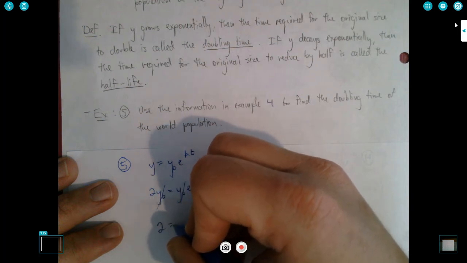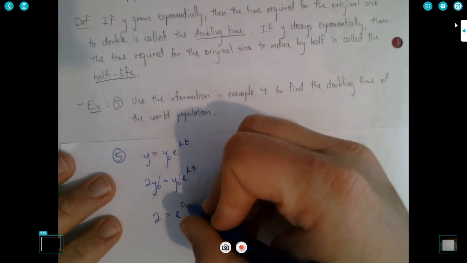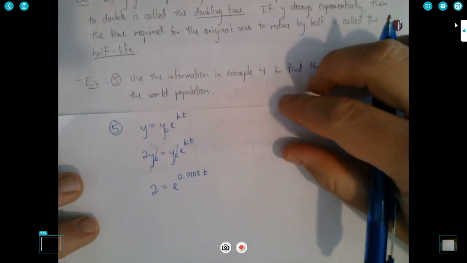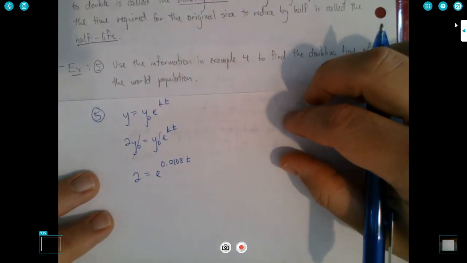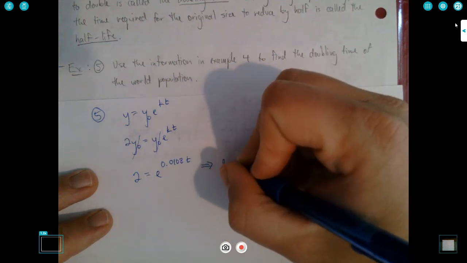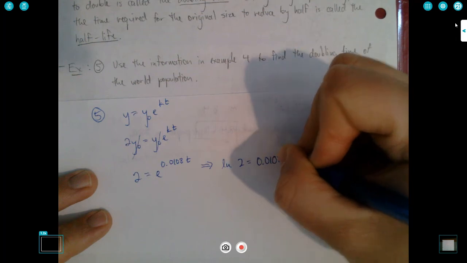So 2 equals e to the 1.08% times t, and then we just need to solve for t. Natural log of 2 equals 0.0108 t.